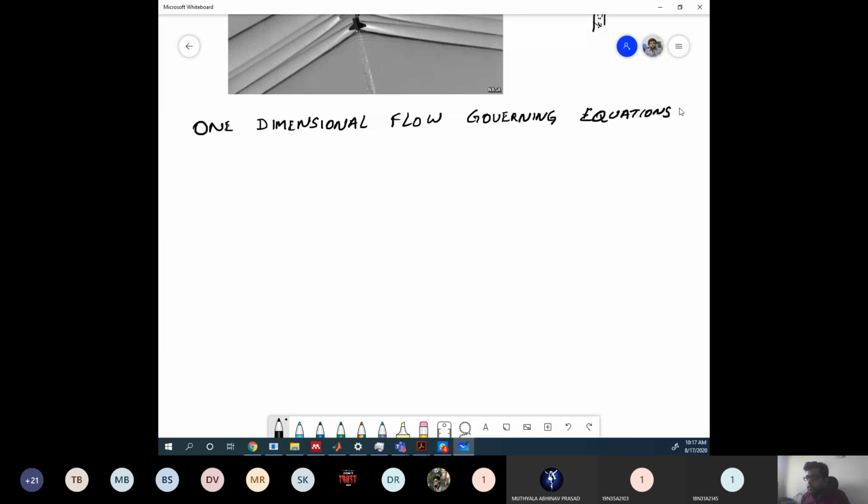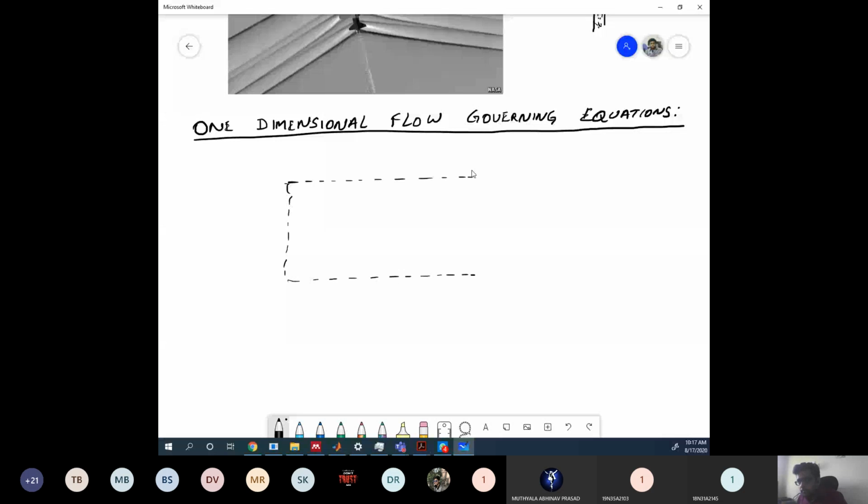Let me first start with the flow field, how it is. Let's take a control volume like this. Here the flow is flowing in this direction.